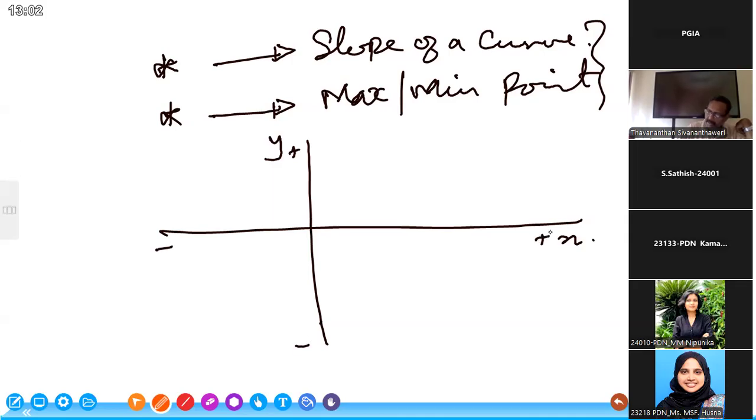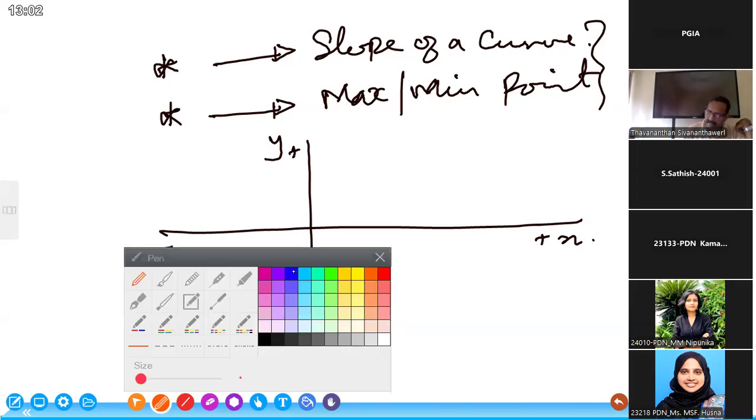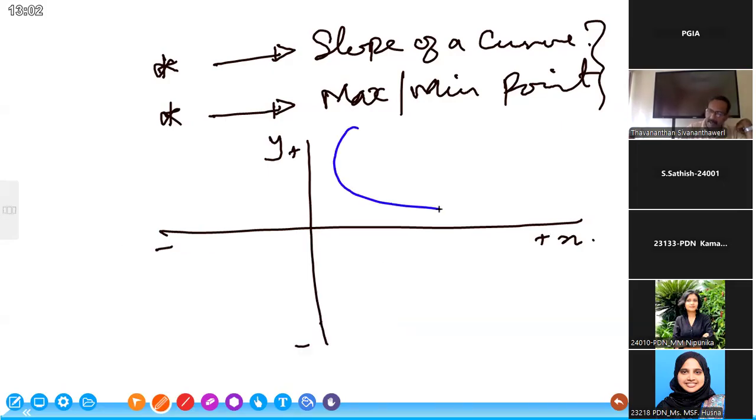Usually, real world examples come in quadrant 1, so x is positive and y is also positive.